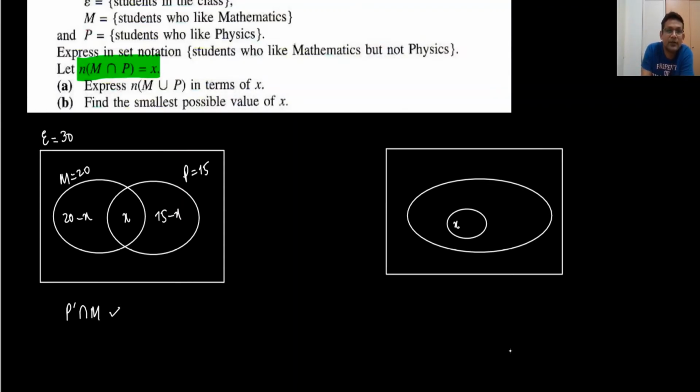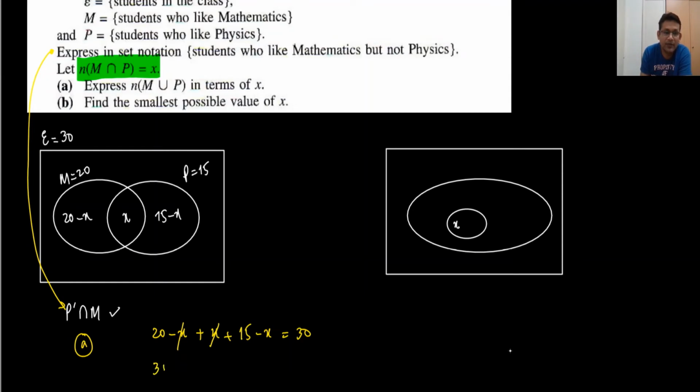Now they're asking to express M union P. M union P means there is nothing outside, so I will write 20 minus x plus this plus this plus 15 minus x all together is equal to 30, and that's your union. When you're talking about everything, it is union. So x cancels out, 20 plus 15 is 35 minus x.